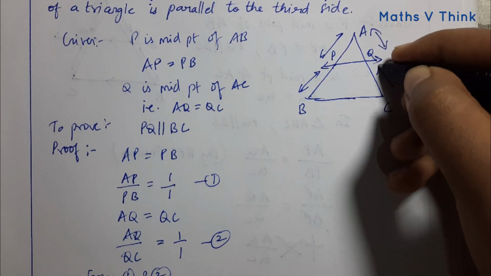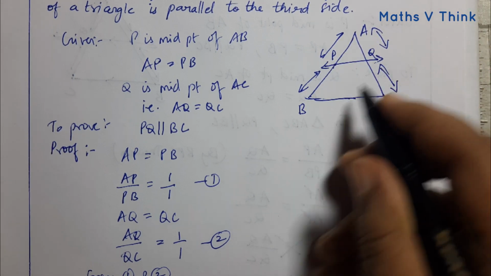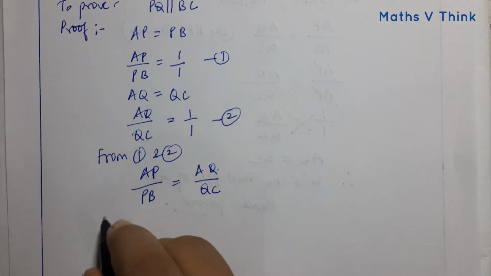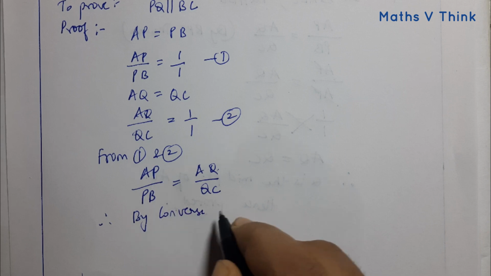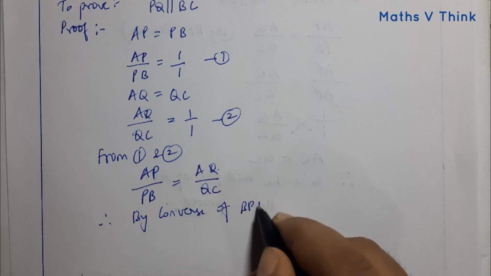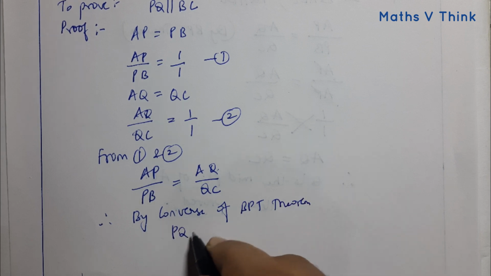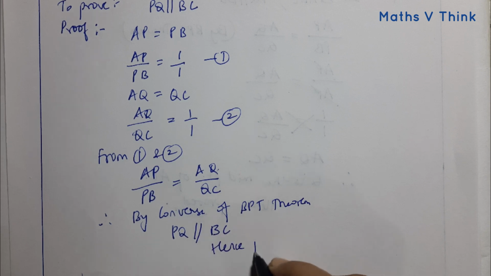So I can tell by converse of BPT theorem, PQ is parallel to BC. Therefore, by converse of BPT theorem, PQ is parallel to BC. Hence proved.